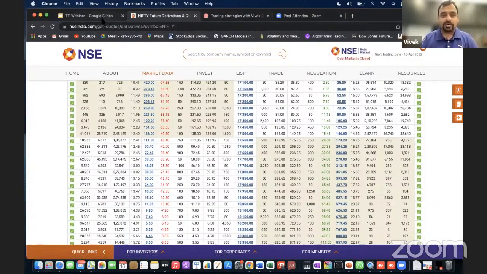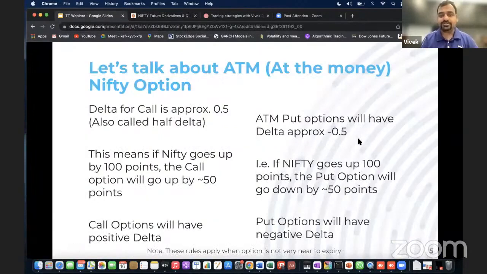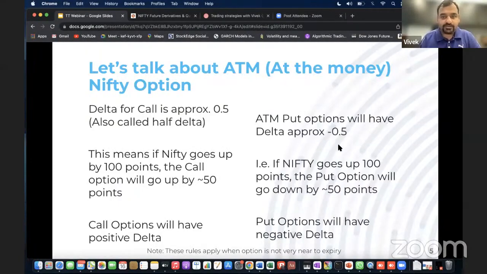So call options will always have positive delta and put options will always have a negative delta. If Nifty goes down by 100 points, the put option will go up by 50 points. That's why it has an inverse correlation with the underlying.